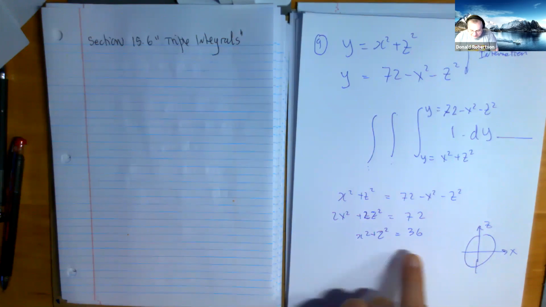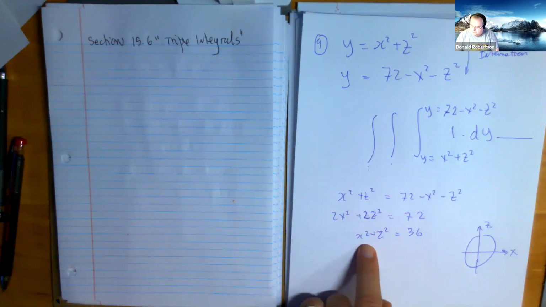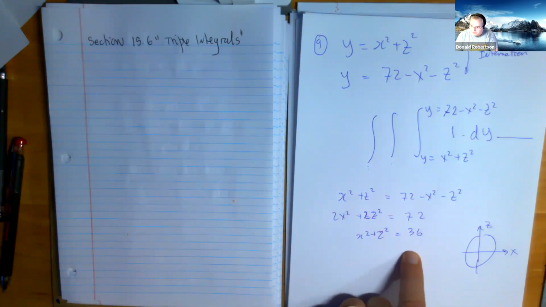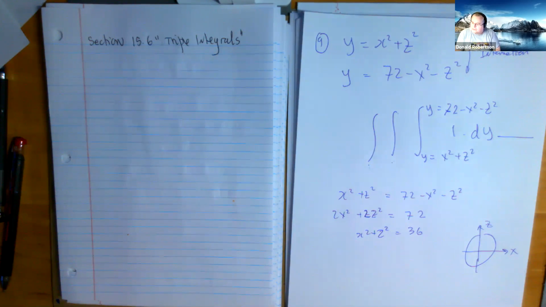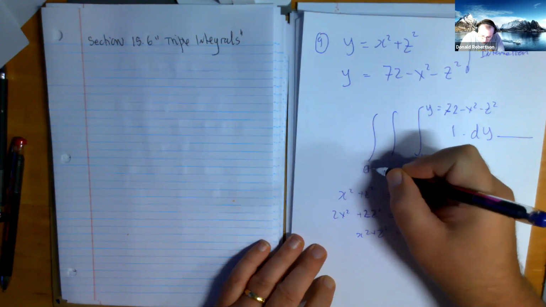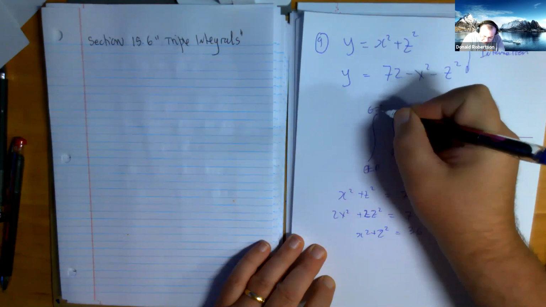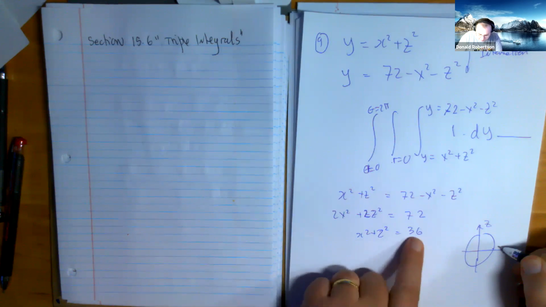Can I use this fella as polar? Agreed? Polar. Now, normally it's x and y as polar, but can't you do x's and z's as polars? It's transferable. And if I do that, can't I say that theta goes from 0 to 2 pi, and that r goes from 0 to 6?